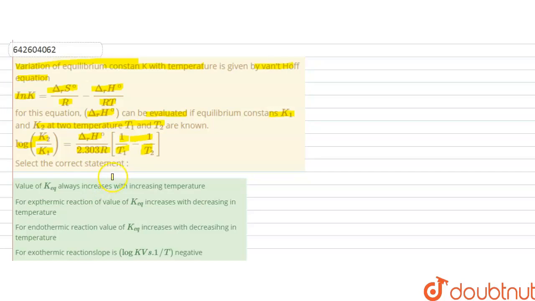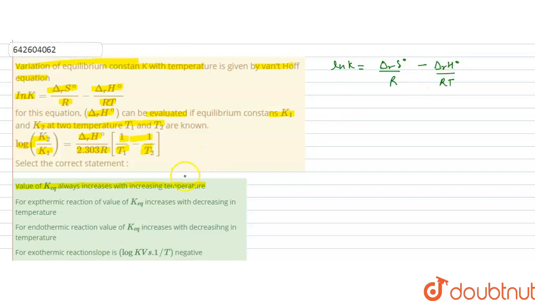So we are given 4 statements. We have to find out the correct statement. First statement is: value of K equilibrium always increases with temperature. So if we see the relation of the equilibrium constant with temperature, it is ln K equals ΔrS° upon R minus ΔrH° upon RT.